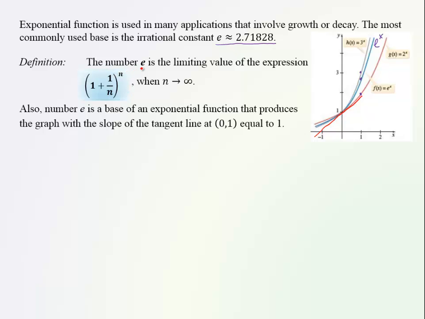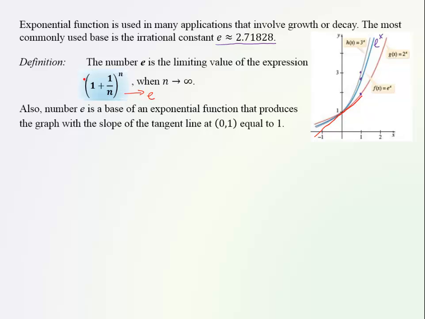Some other way of defining a constant e is by looking at the limiting value of the expression 1 plus 1 over n to the n. So when n goes to infinity, this expression is actually approaching number e. And you're welcome to check this on your calculator.